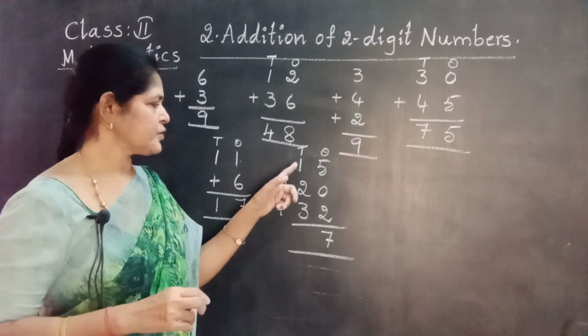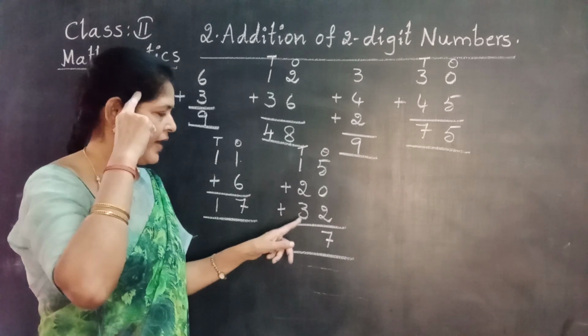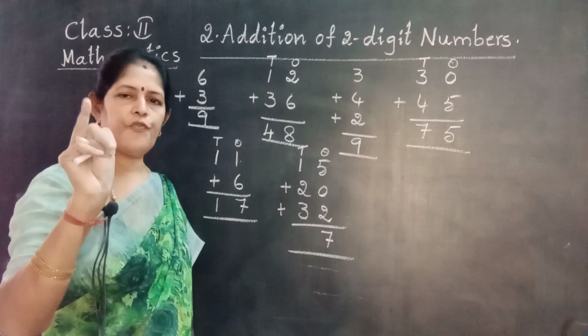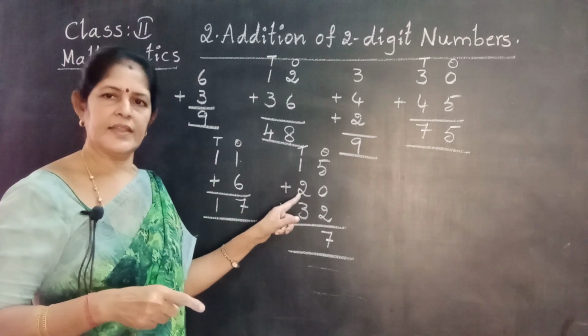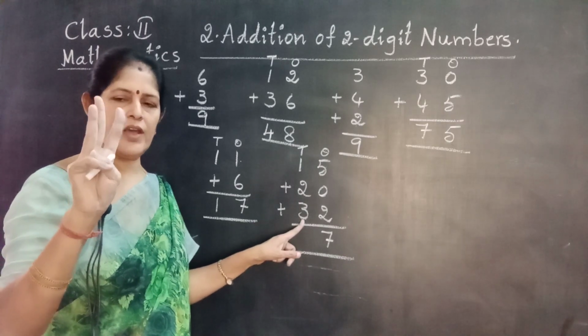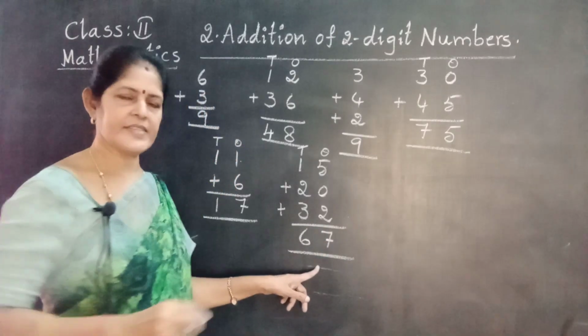Now come to the tens place. 1 plus 2, 3. Take 3 fingers, 3 after: 4, 5, 6. What is the total? 67.